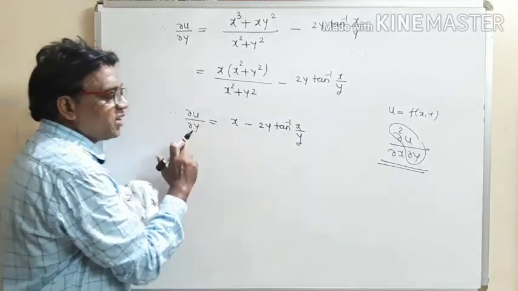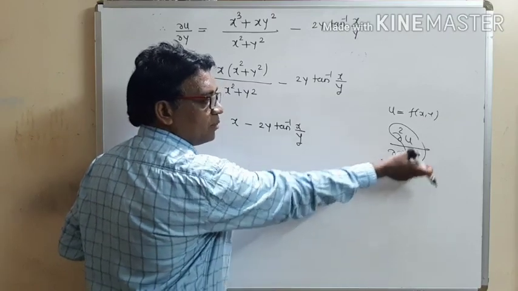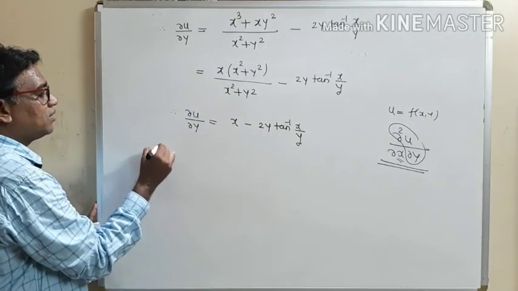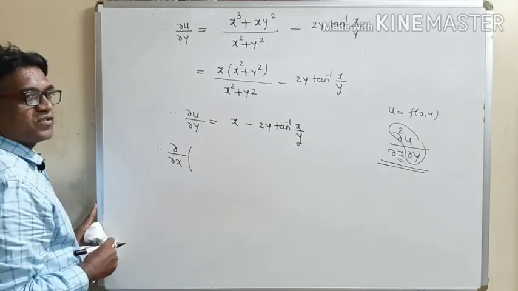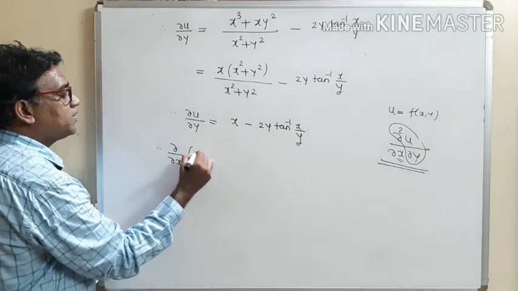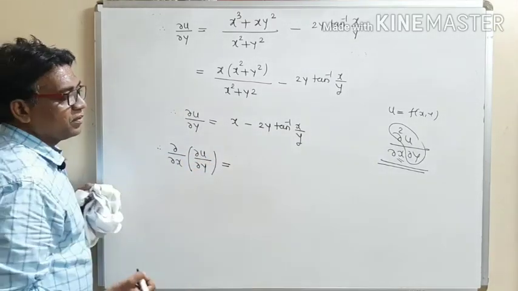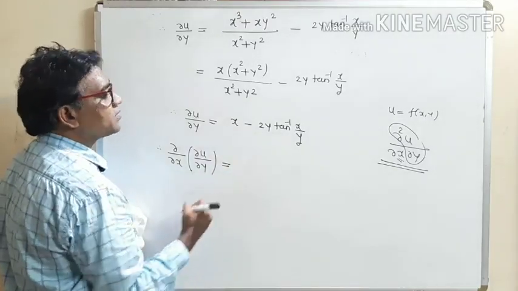Now differentiating this ∂u/∂y partially with respect to x means we get this total term. So write down the derivative with respect to x, so write down therefore partial derivative with respect to x of this term ∂u/∂y, this is equal to, so take its partial derivative with respect to x.